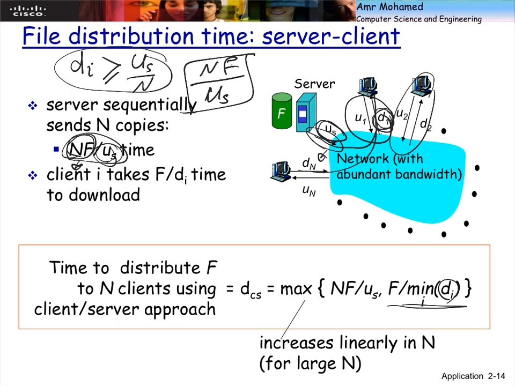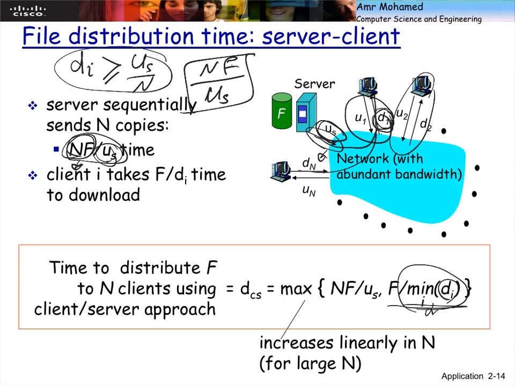All the clients that have DI less than US over N will cause this problem, will cause the server to slow down, right? So the most time amongst all these clients is the one with the minimum DI. This is the one that will be the bottleneck of the entire system.